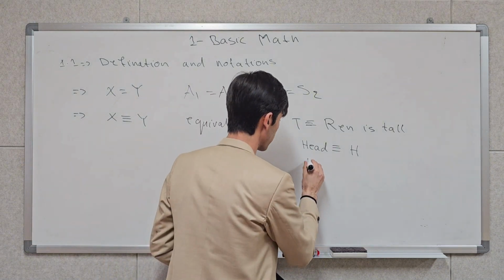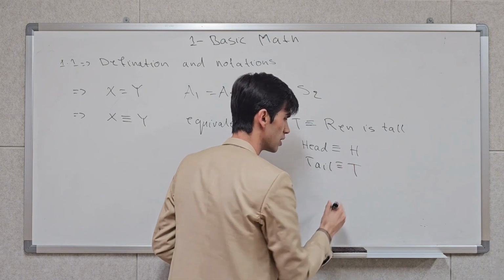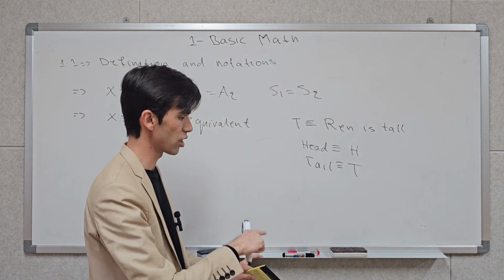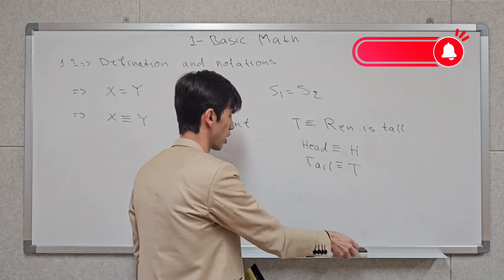And also instead of tail, we just write down T. It means T is equivalent to the tail side of the coin. So this is the equivalent sign.